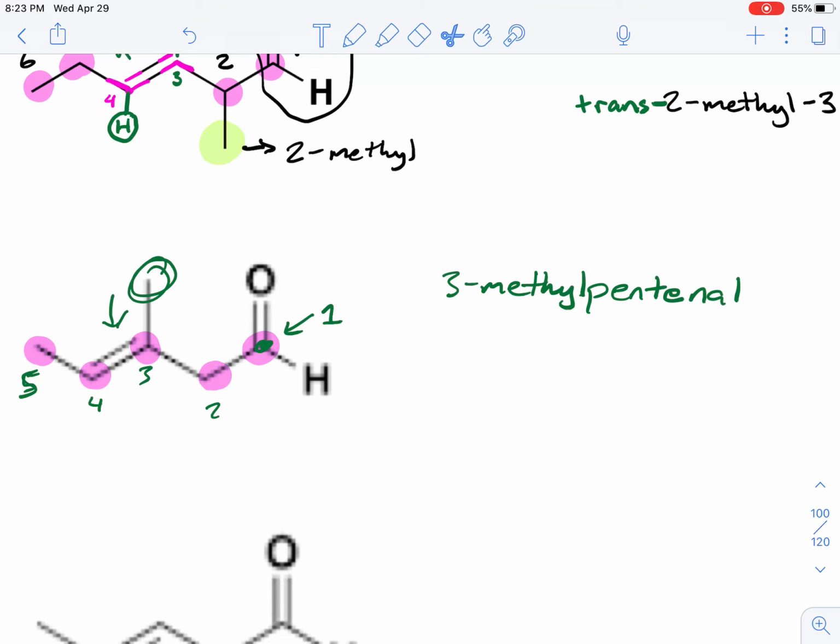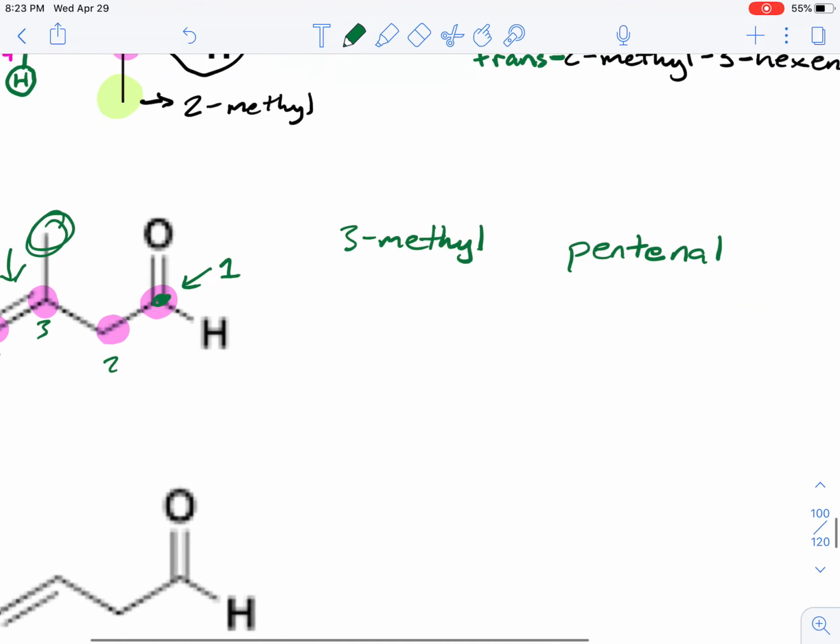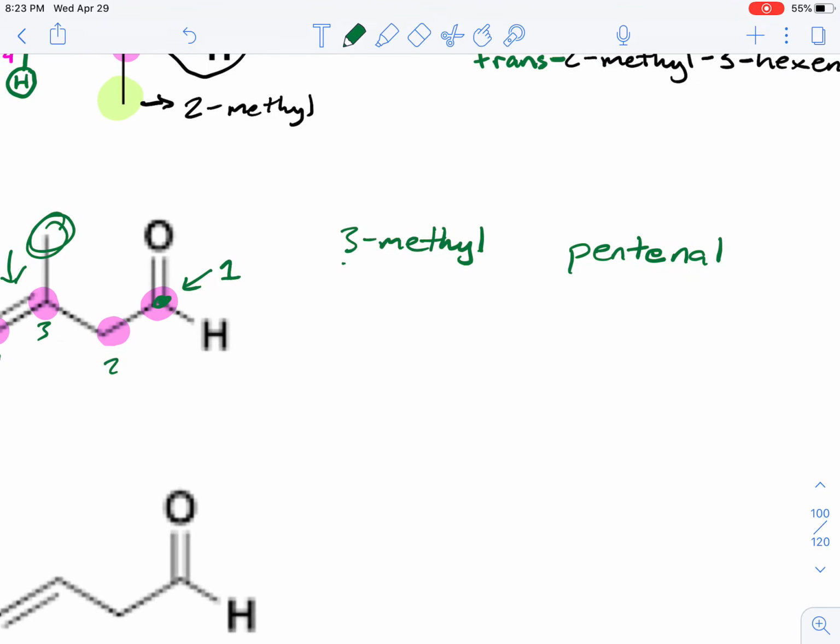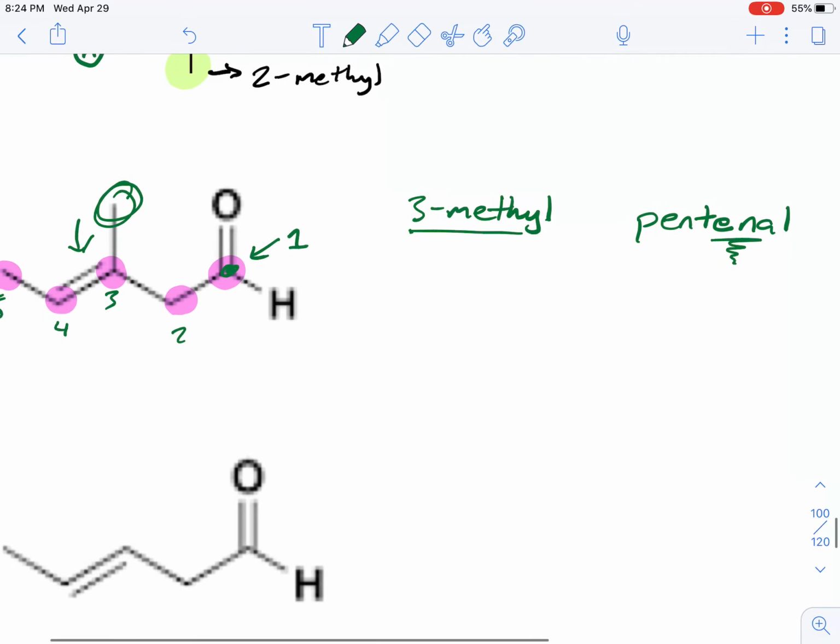Actually, there's a couple more things that I skipped. All right, so we have the 3-methyl down, that's the substituent. The other thing that we need to tell the reader is what carbon number a double bond starts at. And so very similar to the previous example, we're going to follow our numbering system.